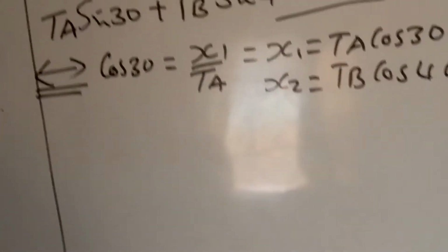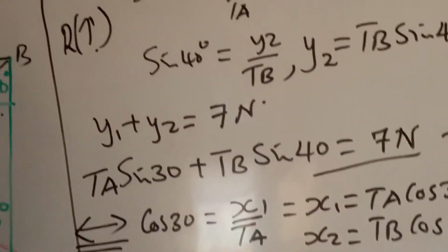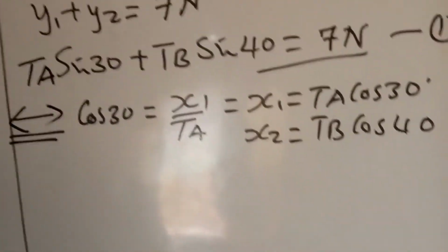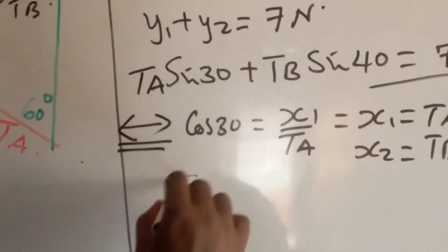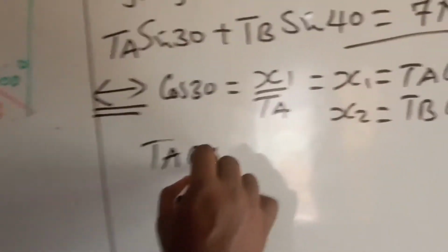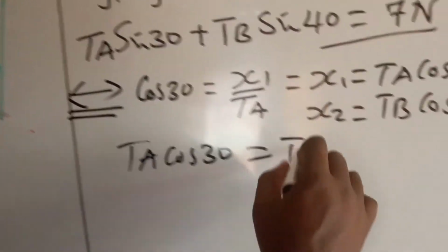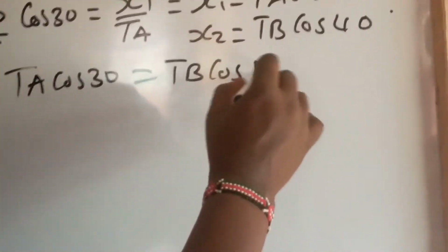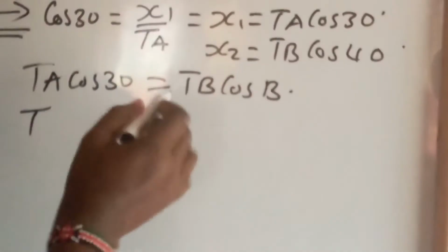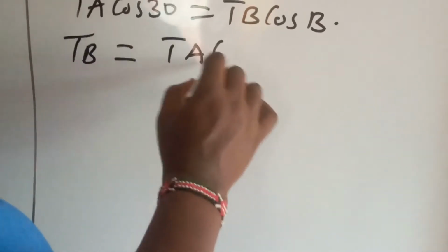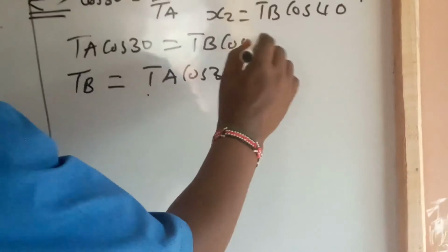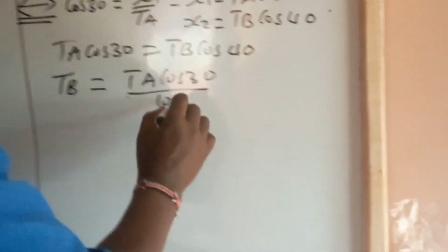Having said that, it is important to note that TA cosine 30 is equal to TB cosine 40, so we can make TB the subject of the formula, which is going to be TB is equal to TA cosine 30 over cosine 40.